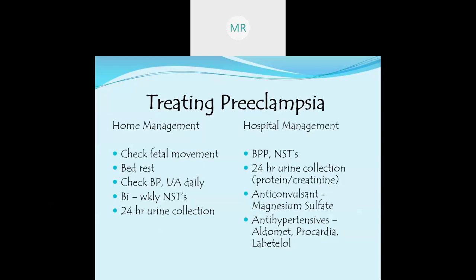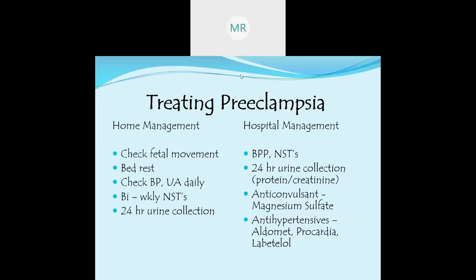So they could get biweekly non-stress tests, 24-hour urine collection, and the best position for increasing uteroplacental blood flow because they have high blood pressure is the left lateral recumbent position.